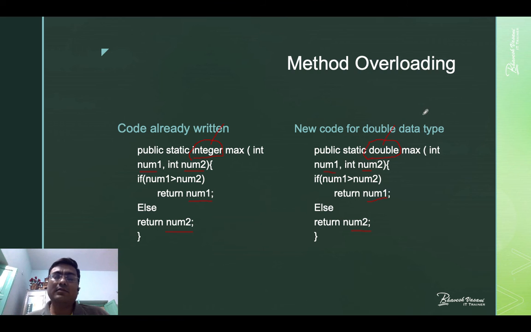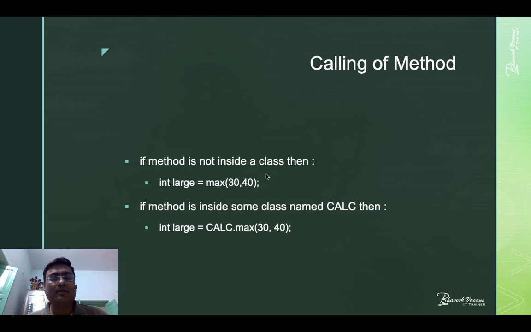What does it mean? It means when the computer wants the return data type as an integer, it will use this function, and when it wants the return data type to be a double, this method will be used. How is it possible? Let's check it.